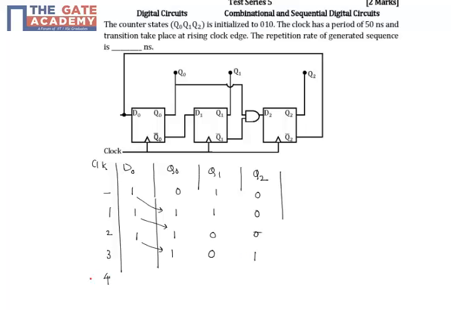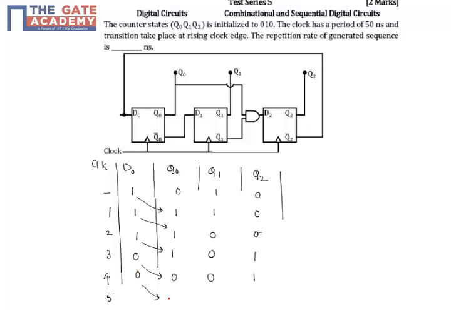Similarly fourth. So what about here? The complement of this is 0. So fourth clock pulse, 0 will come to here. Q1 is nothing but Q naught bar, this is 0. And Q2 which is Q naught AND Q1 bar, 1 and 1, so this is 1.